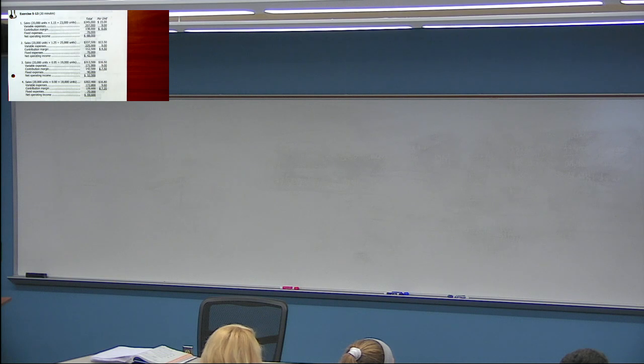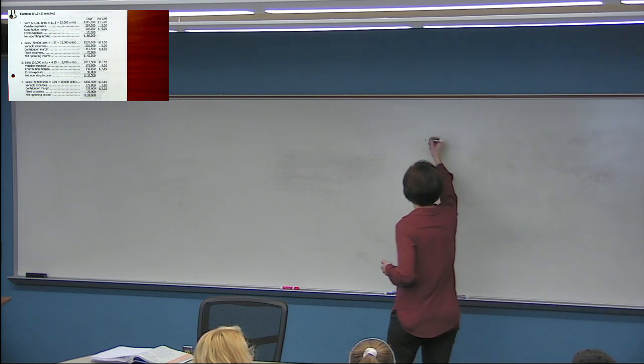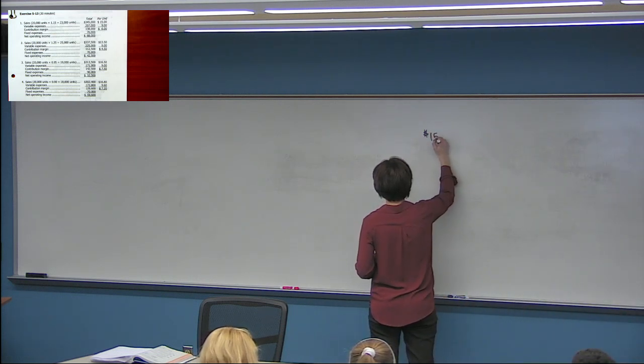So in this case, sales dropped by 10%. Number of units dropped by 10%. So 100% minus 10% is 90%. So we're only selling 90% of the units previously sold, or 18,000 units. It said in the problem that your selling price was going to increase by 12%. So if your selling price was $15, we do that the same way.